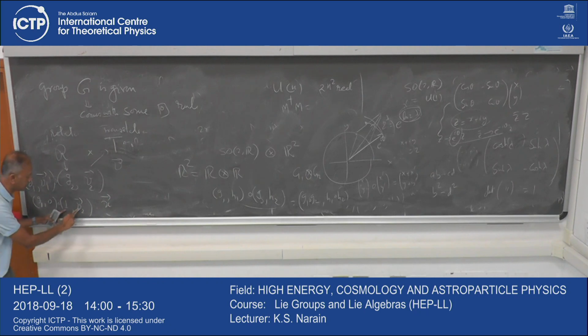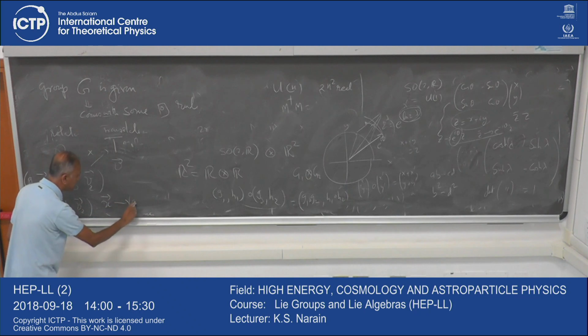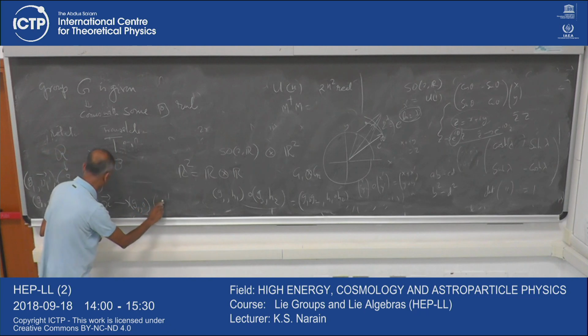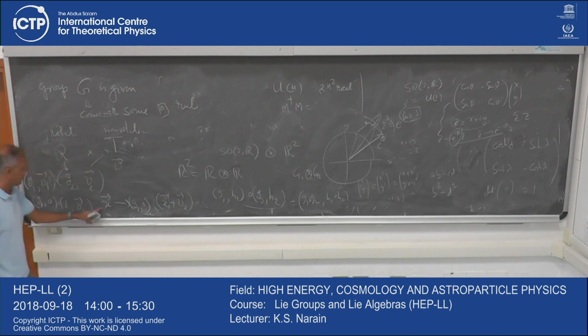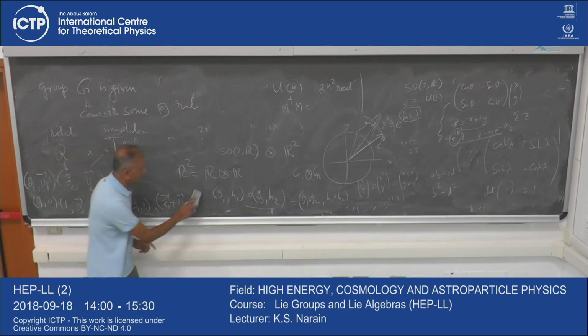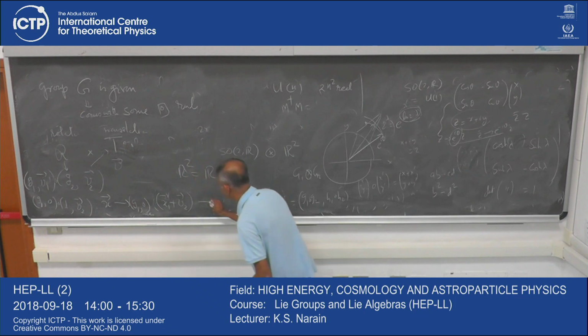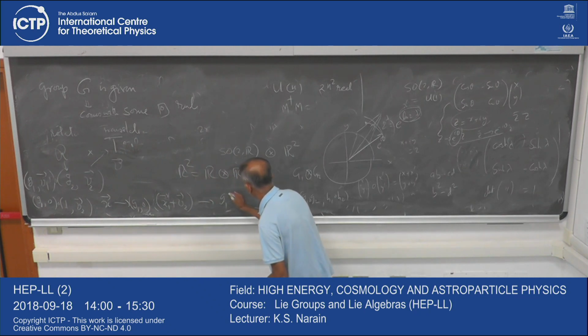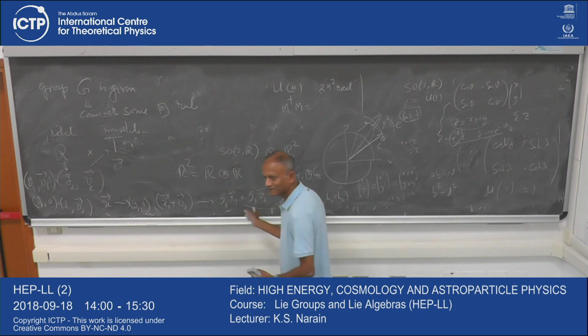The first guy just translates it, taking X to X plus V2. Now I rotate this whole vector by G1. So what you're going to get is G1 acting on X, plus G1 acting on V2.